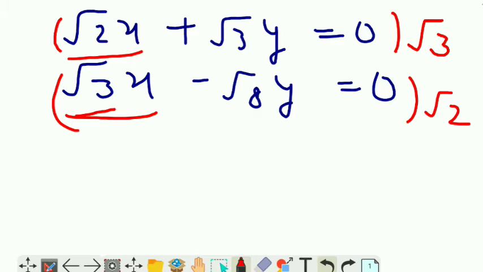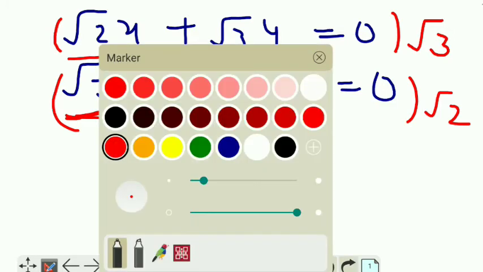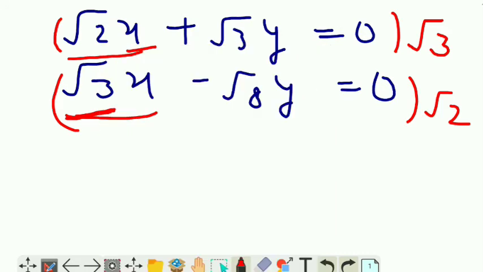We are going to cancel x here, so we check the coefficient of x from the second equation, and by that coefficient we multiply the first equation. In the second equation we check the coefficient of x from the first equation, and by that we multiply here.